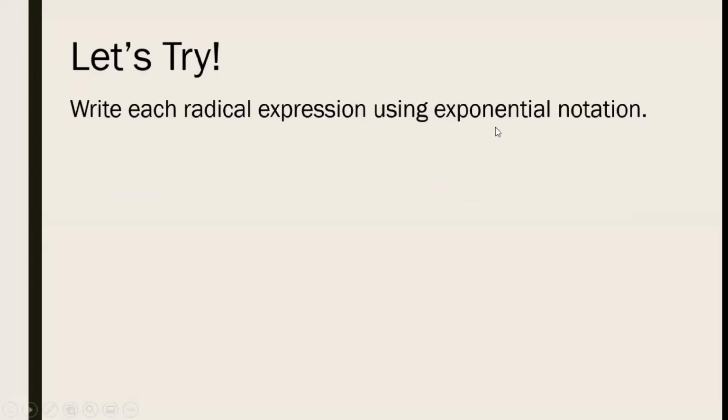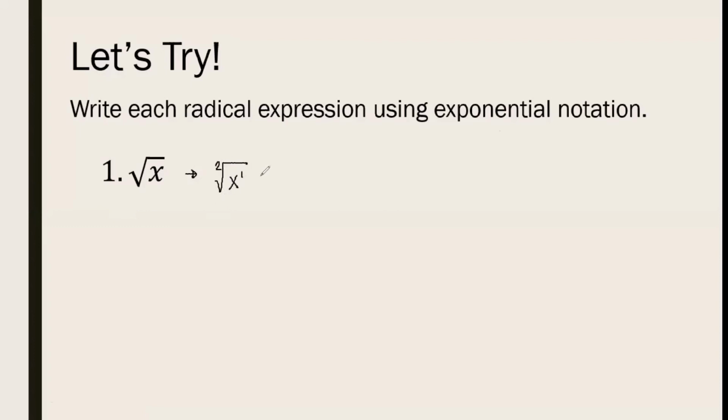Let's try another example. Write each radical expression using exponential notation. Number 1, square root of x. We know that the exponent of x here is 1. And we also know that the root of the radical expression here is 2.